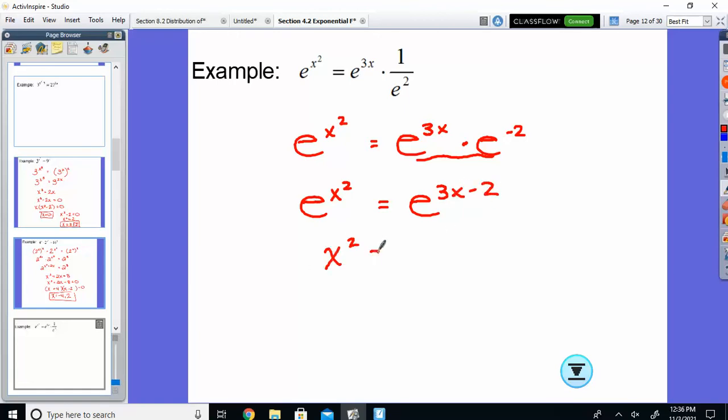So then we can drop the e. So quadratic, so we have to set it equal to 0, so subtract 3x, add the 2.